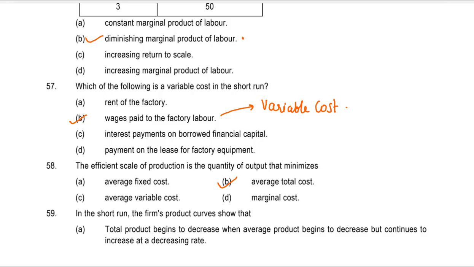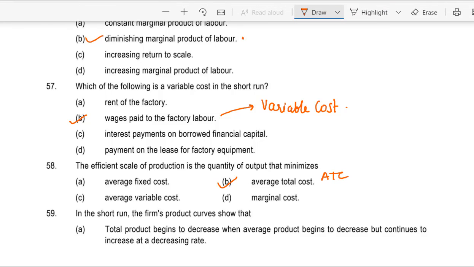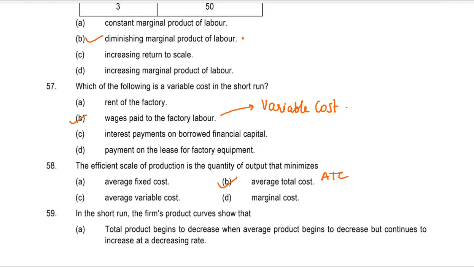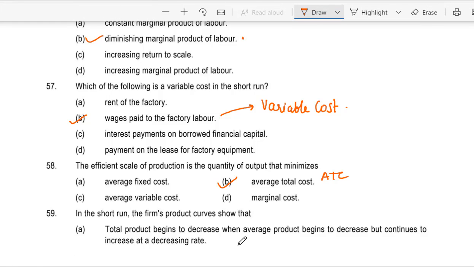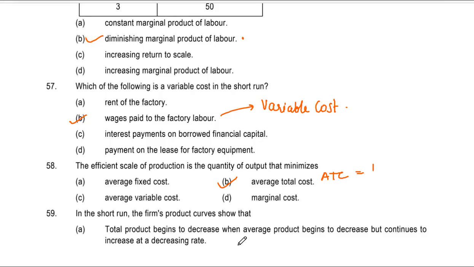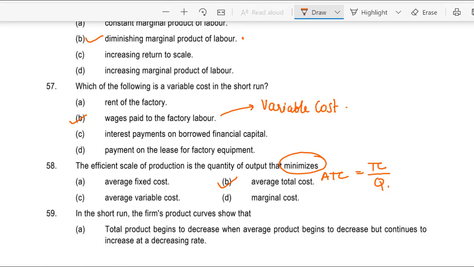It is B. Average total cost. The efficient scale of production is the quantity of output that minimizes average total cost. If the company is producing more, average total cost is equal to total cost upon the quantity of output. So average total cost will be minimized.